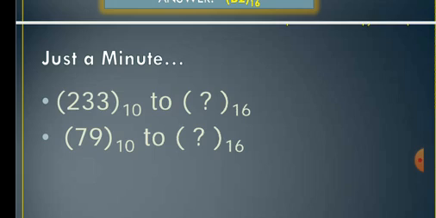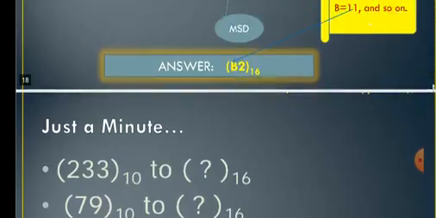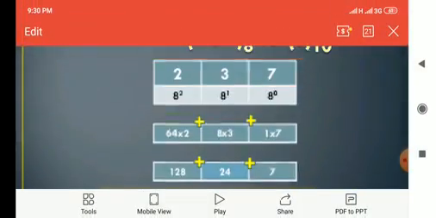So these are the sums you have to complete as homework, and if possible you upload all those things in Google Classroom. Just a small recap of all the concepts we have discussed today.